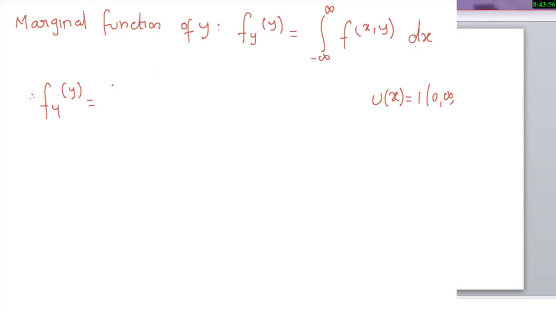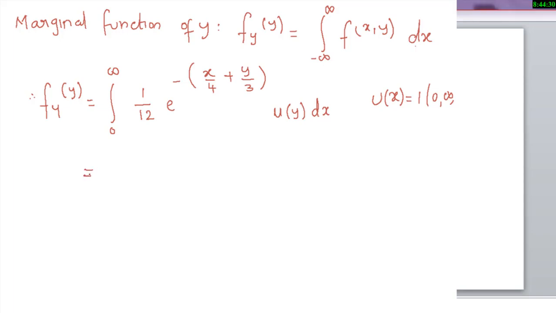So my limits are from 0 to infinity, 1 by 12 e power minus x by 4 plus y by 3, u of y into dx. Where did u of x go? U of x has taken the place of limits over here as 0 to infinity.